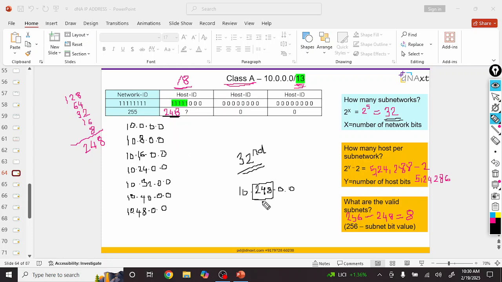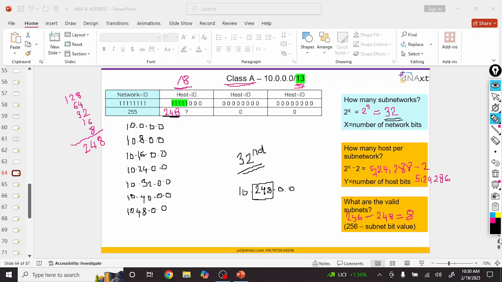This value will come in the octet where the increment is happening. The subnet bit value will be the value in the octet where the increment is taking place, because if you add 8 over here, it will become 256, which is not possible. So this is the last valid subnetwork in /13.